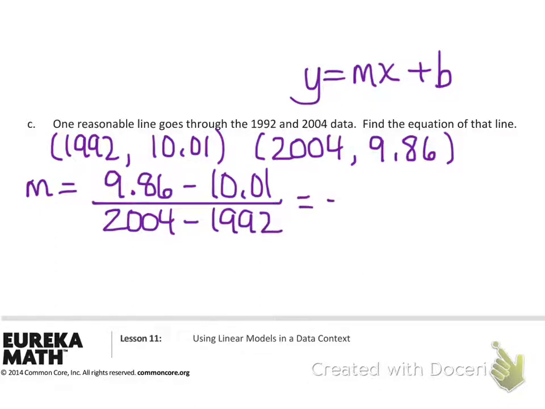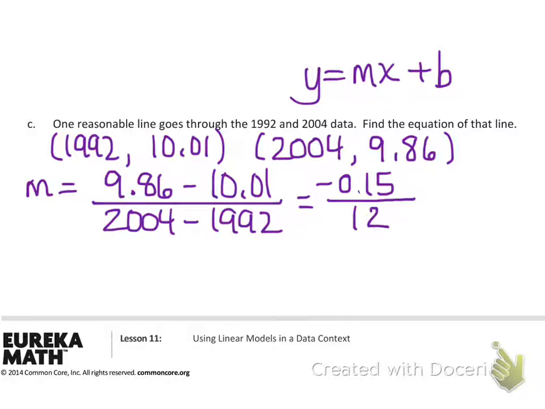Okay, so how many years was that? From 1992 to 2004 was 12 years. And the difference in the times is, okay, that's a negative 15/100th.